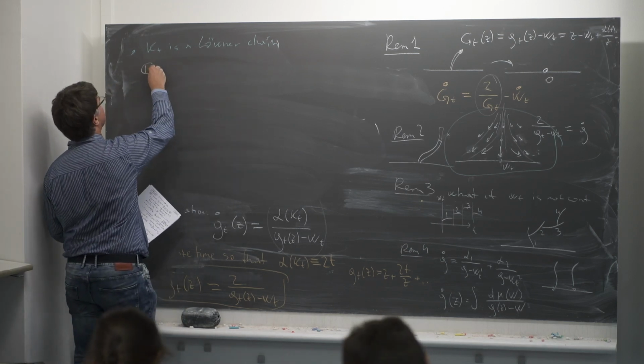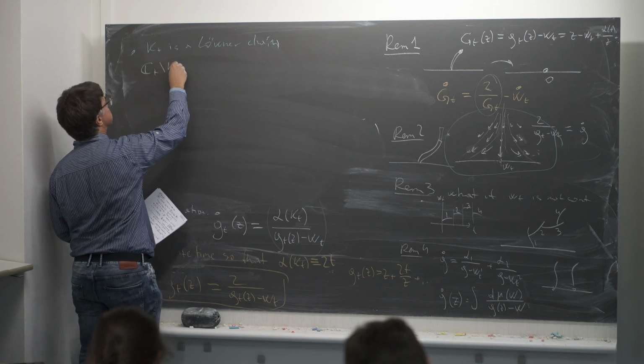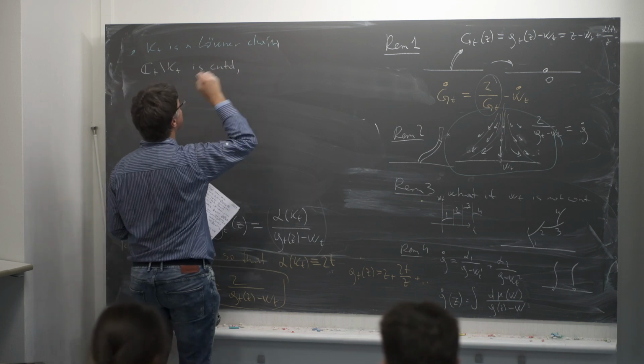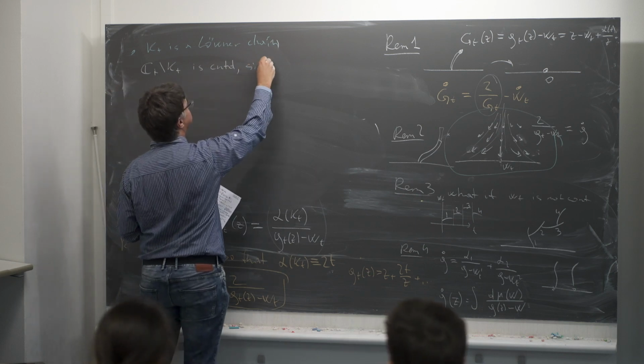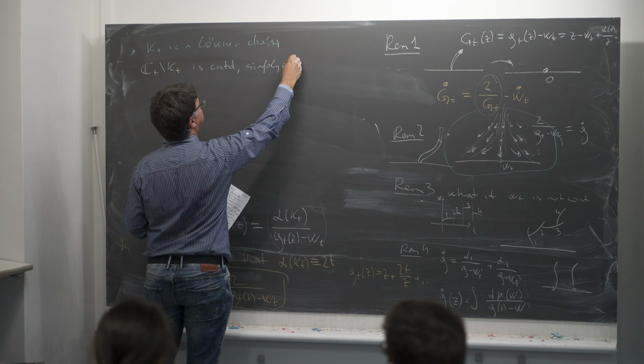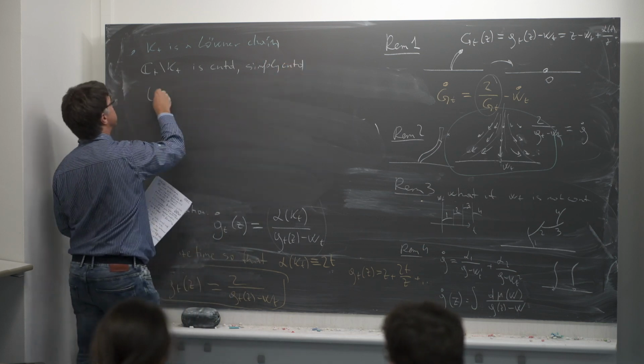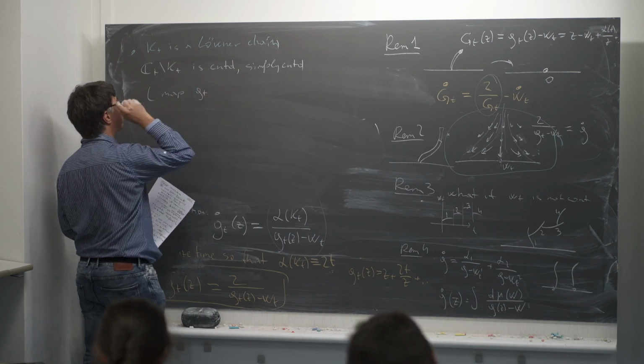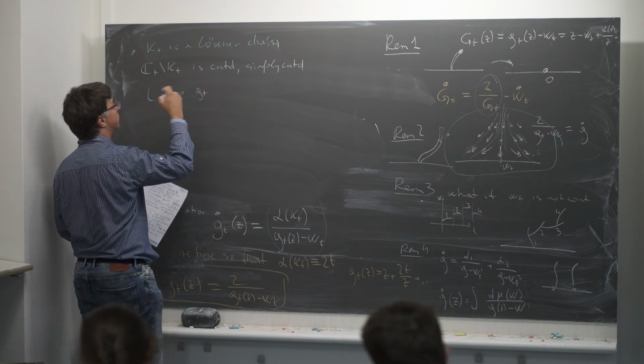First, C plus minus K_t is connected, and you can even prove that it's simply connected. This is just because you have a map g_t from C plus minus K_t to C plus, which is nice and continuous up to the boundary.